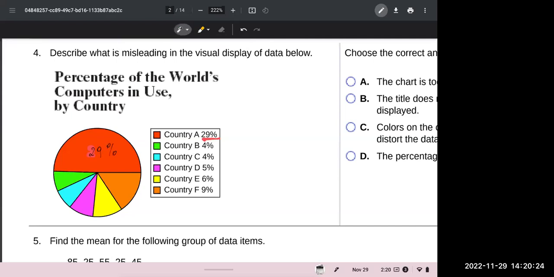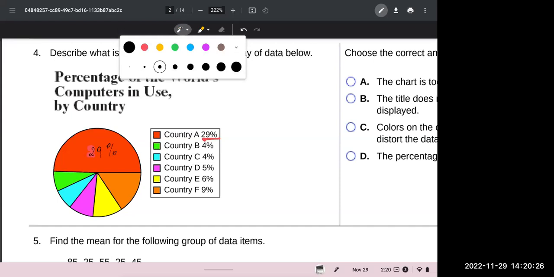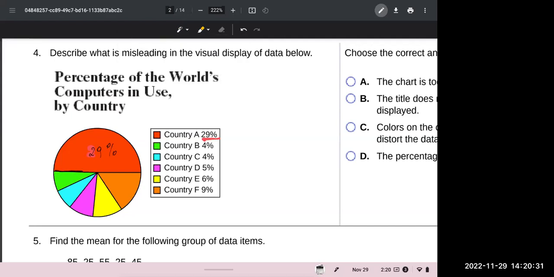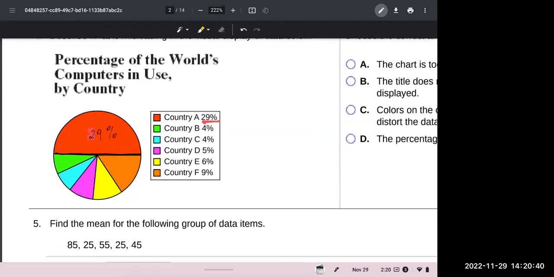Right here, I can tell that this graph is wrong because half of the circle is not 29%. Half of the circle should be 50%. Here they show that the red color represents 29%, so I can see that there is some issue with the percentages. Green is 4%, purple 5%, yellow 6%, and orange 9%.